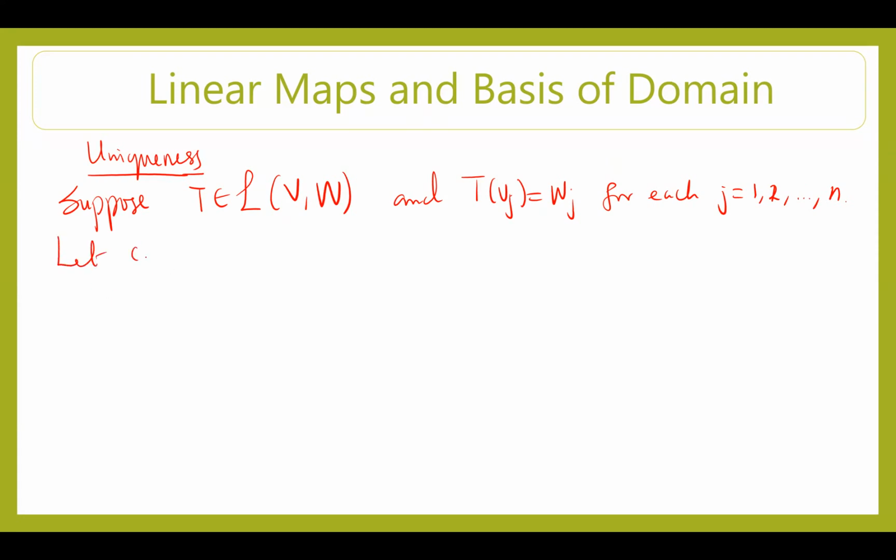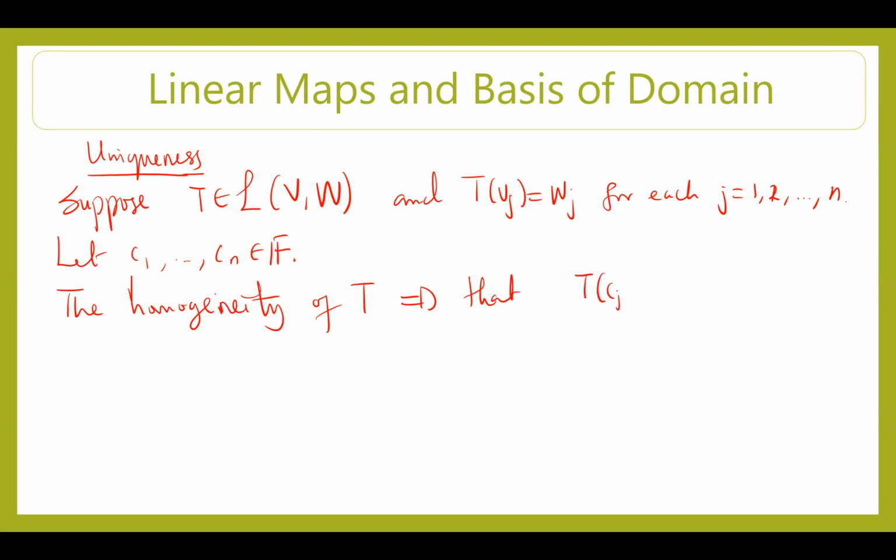Let C1 all the way to Cn be scalars. The homogeneity of T implies that T of Cj Vj is exactly Cj Wj, again for each j.